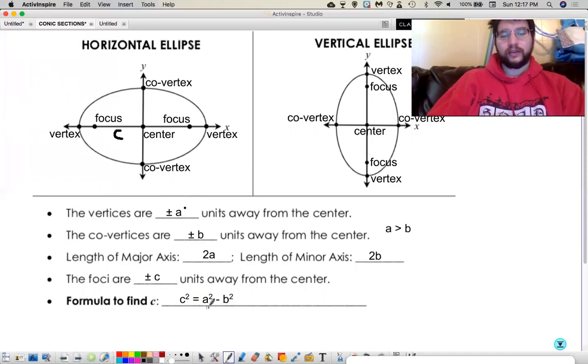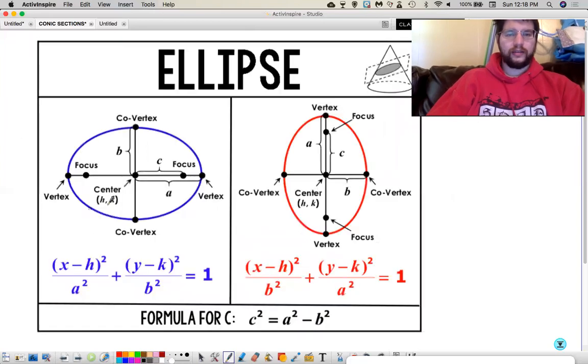So c squared is equal to a squared minus b squared, not the Pythagorean theorem. We could derive that using the Pythagorean theorem and some other stuff, but we're not going to. Just know this form: c squared is equal to a squared minus b squared. And again, we know that a is the distance from the center to the vertex along the major axis. It's also right here. b, right here.